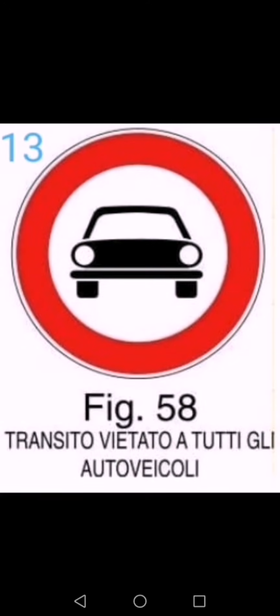Transito vietato a tutti gli autoveicoli. This one is telling you that it is prohibited for all kinds of vehicle to transit on this road. When we say autoveicoli, it means every vehicle that has an engine.